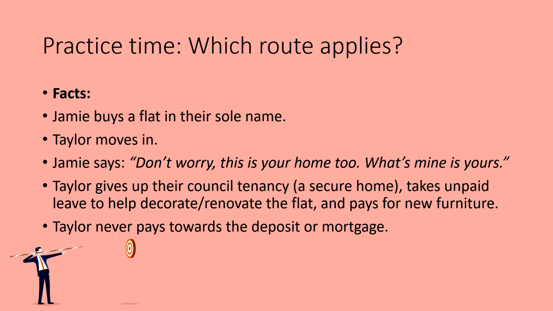But Taylor never makes any extra major contributions in terms of a deposit or mortgage. So just think about this, work out which route would apply and whether we can create a constructive trust or not. And then just put your ideas in the comments, and then I can let you know whether your thoughts have been correct or not.